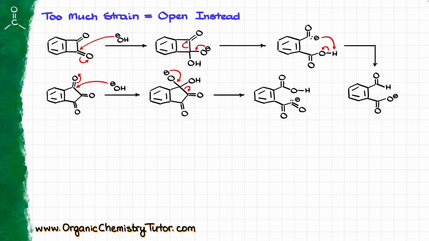This one is admittedly a little bit more stable due to the electron withdrawing effects of the carbonyl, but nonetheless, the next step we are going to have here is the intramolecular proton transfer, giving us the corresponding aldehyde similar to the last mechanism that we have seen.